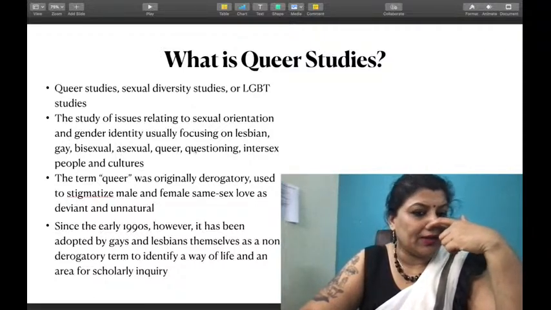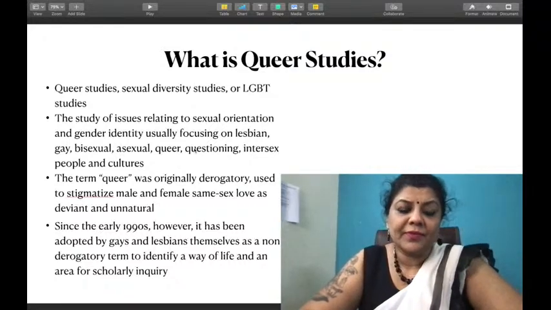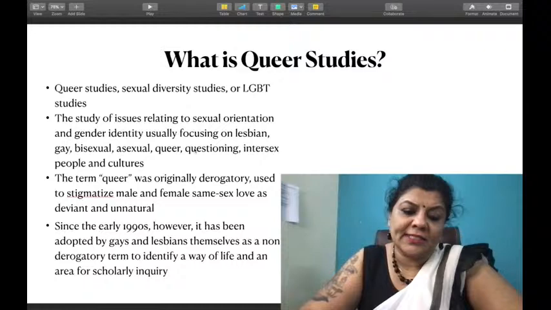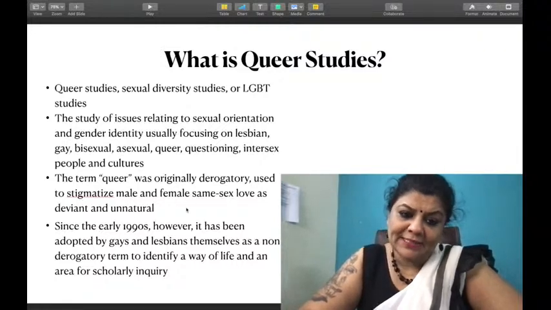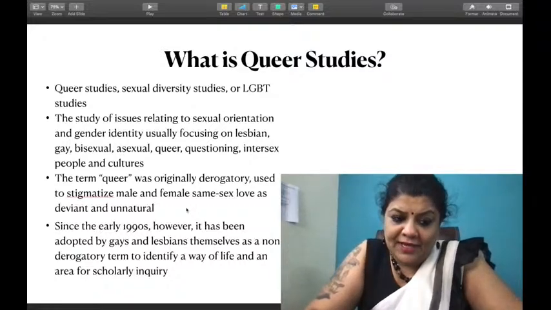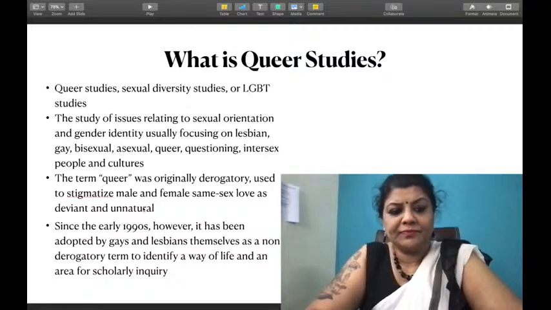Now, the term queer was originally derogatory. It has changed today. Originally, the term queer stigmatized male same-sex love and female same-sex love as deviant and unnatural. It is called homophobia.